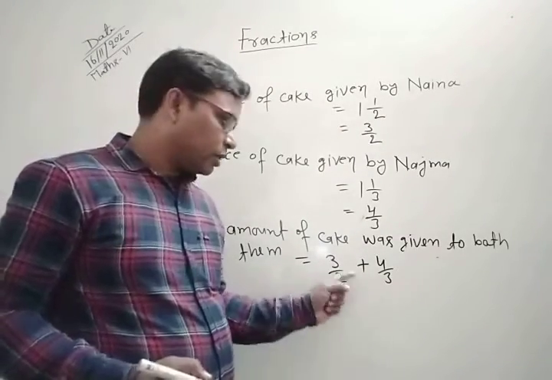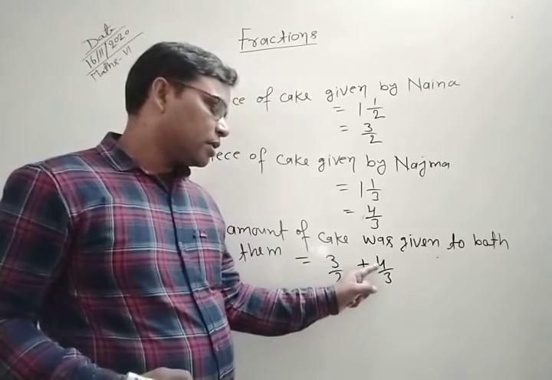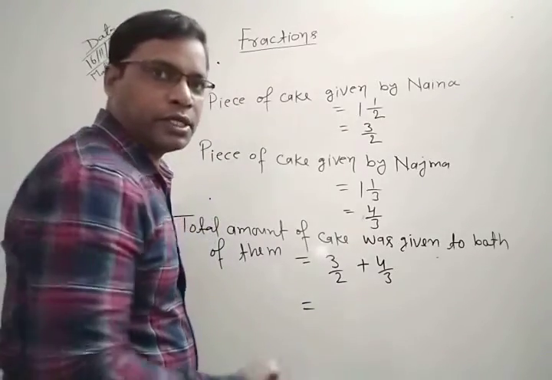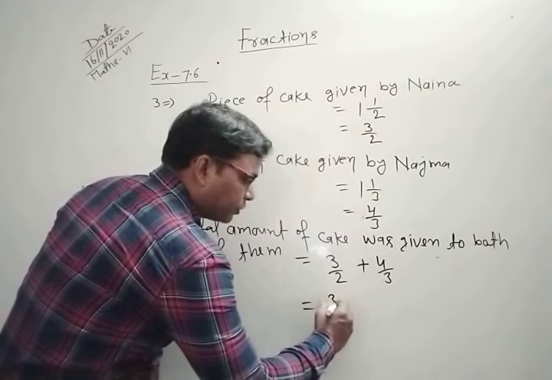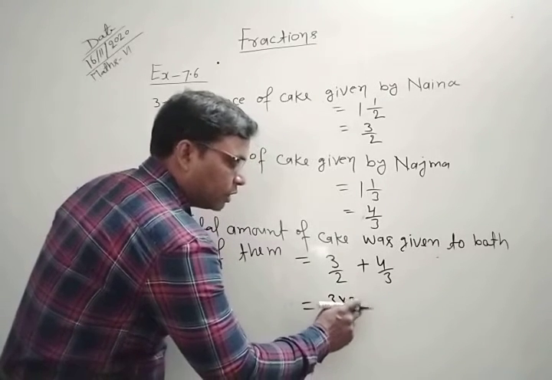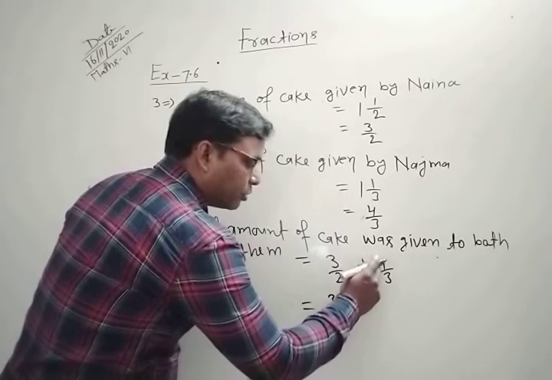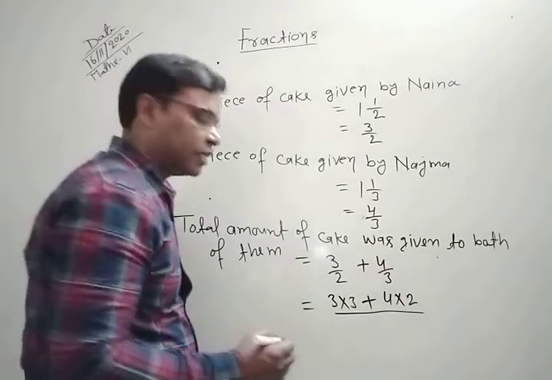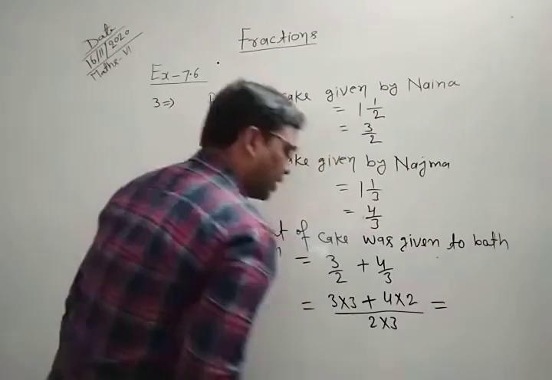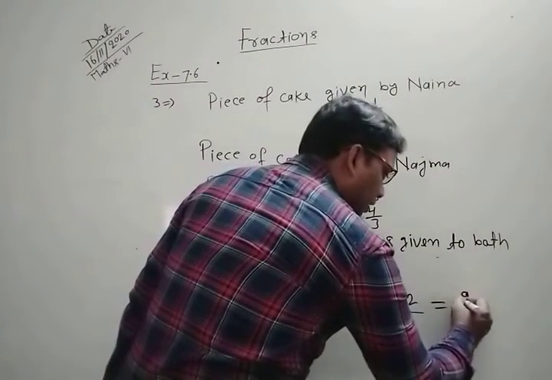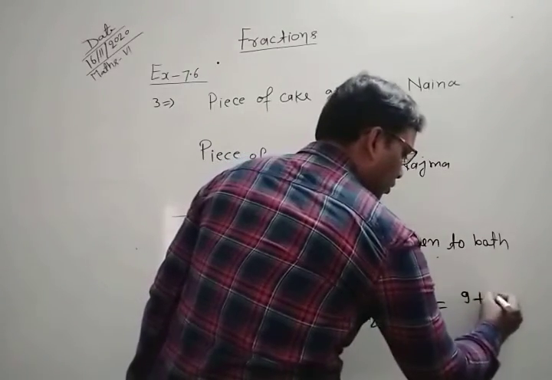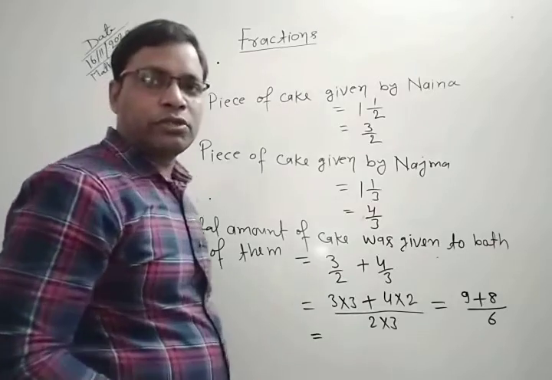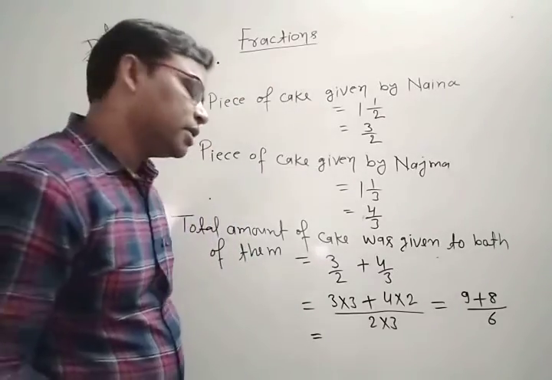You can also solve such questions by multiplying the first numerator by the second denominator, plus the second numerator multiplied by the first denominator, divided by the product of the denominators. So 3 into 3 is 9, plus 4 into 2 is 8, divided by 2 into 3, which is 6. 9 plus 8 is equal to 17 by 6.